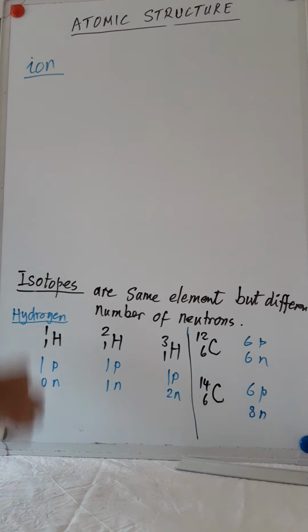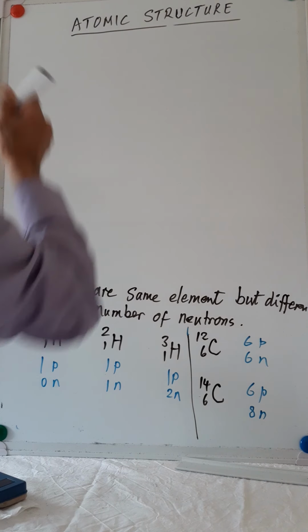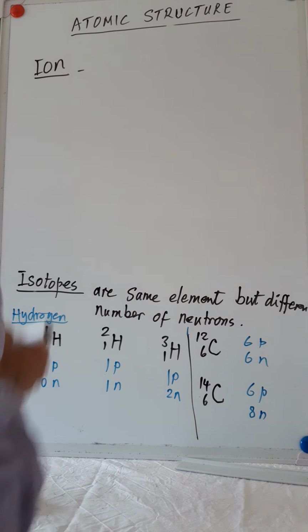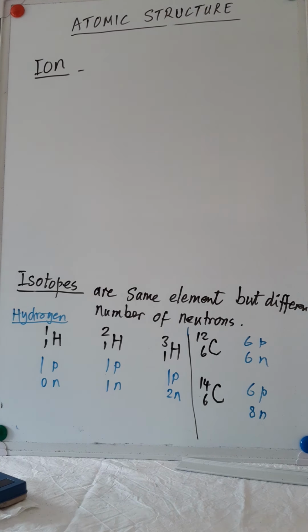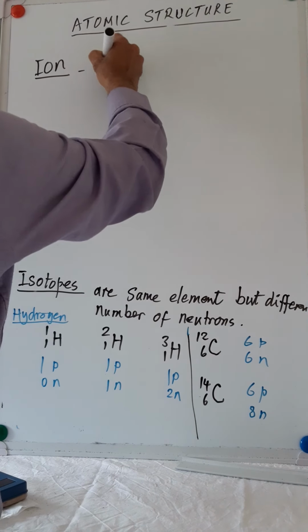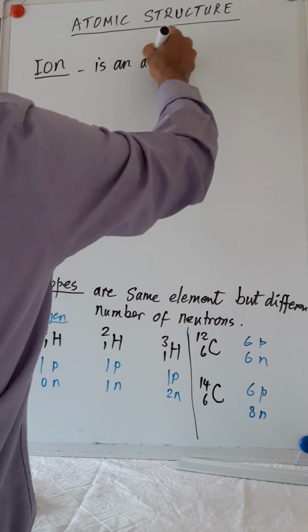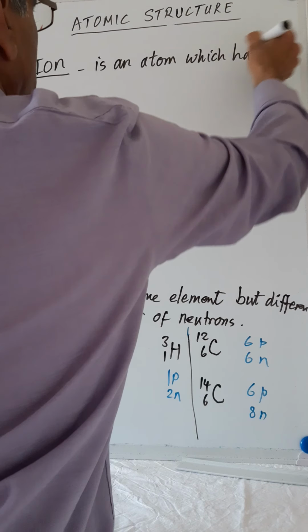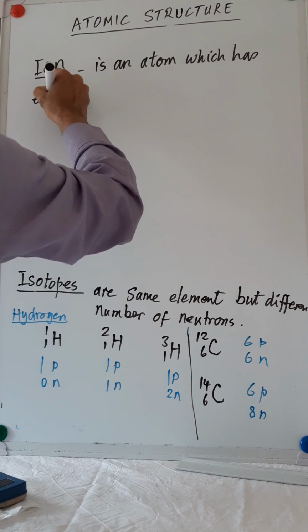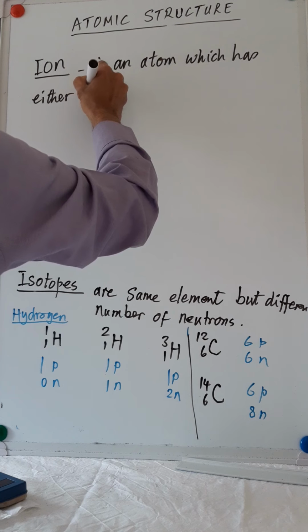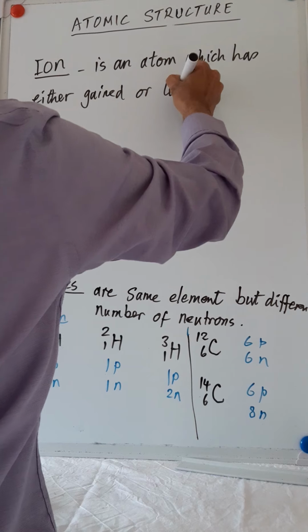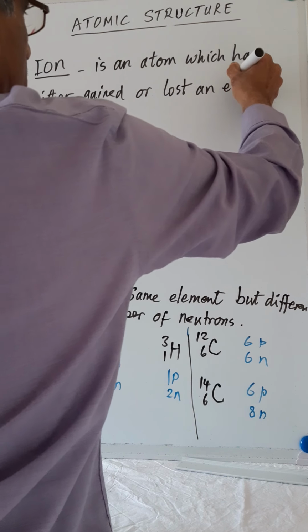An ion is an atom that has either gained or lost an electron.